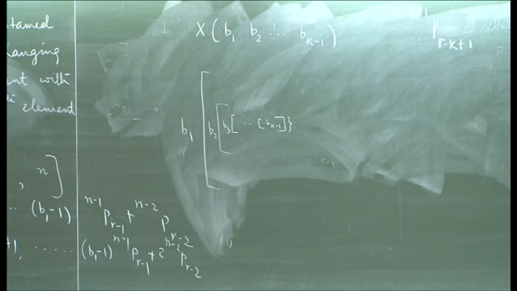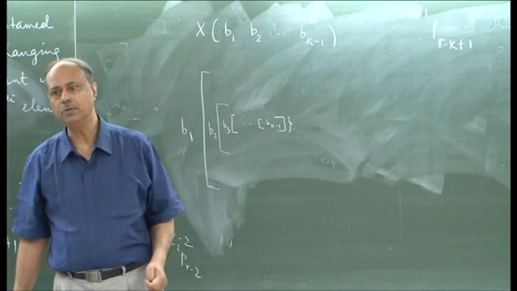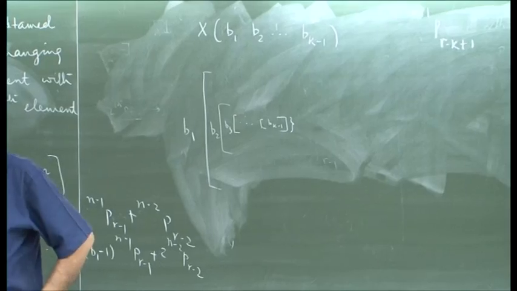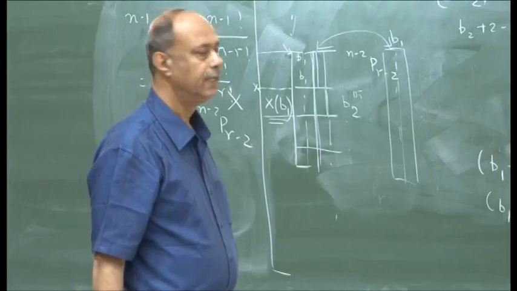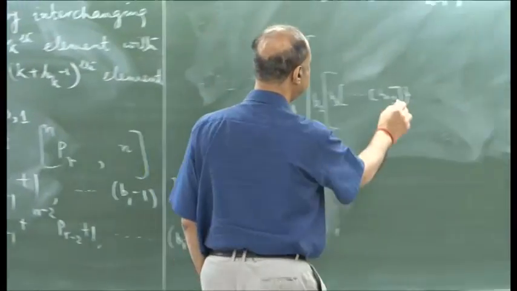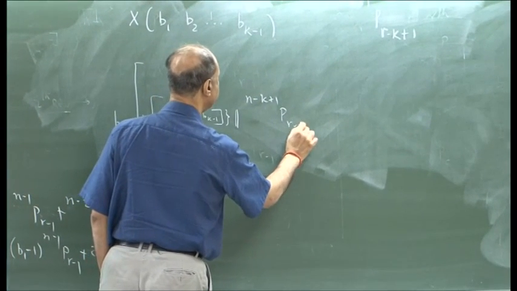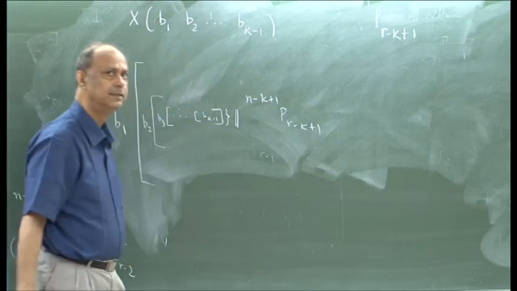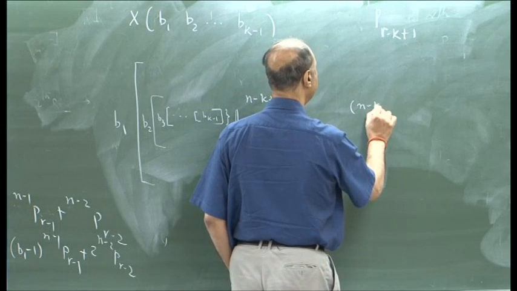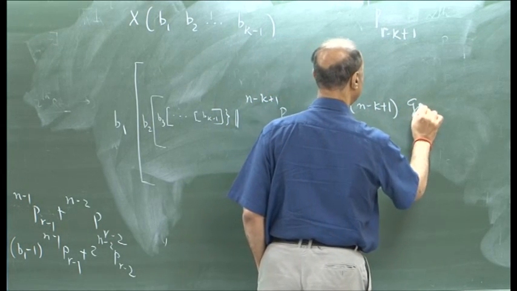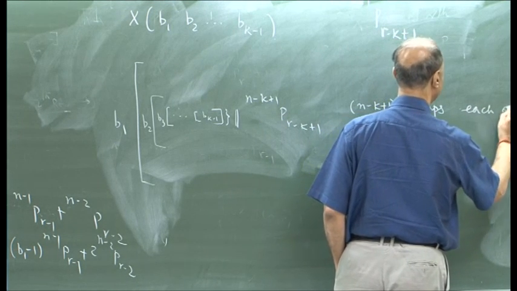Now these rows are divided into how many groups? N minus k plus 1 groups, right? So these rows, this size is n minus k plus 1, Pr minus k plus 1. Now these rows are divided into n minus k plus 1 groups, each of size what?